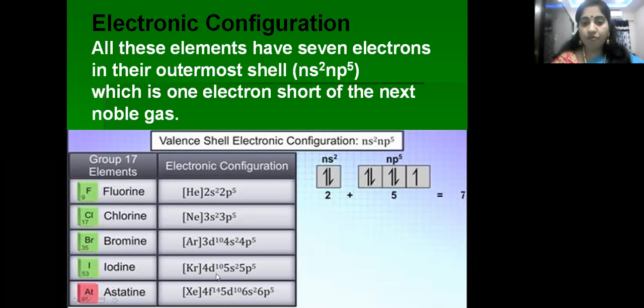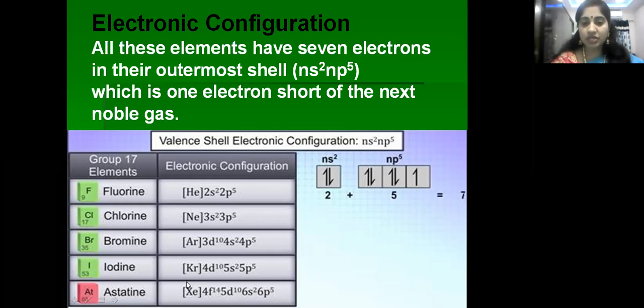Next, coming to iodine. So krypton 4d10 and 5s2 5p5. The outer shell is the fifth shell, so that's why it belongs to fifth period. And how many electrons are present in the outer shell? 7 electrons are present in the outer shell, so that's why it belongs to 17th group. Next, coming to astatine. Astatine is a radioactive element.